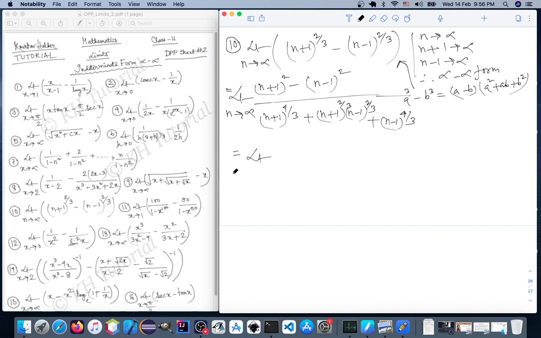Let's simplify it further. In the numerator, n square and 1 cancel out, and we get 4n.